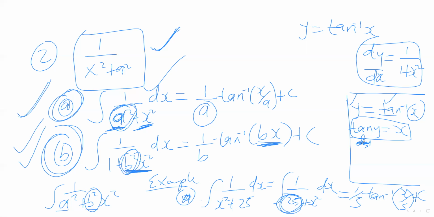If it's in the second form, you're making sure that here there's no a squared. Let me demonstrate that. Maybe I would write it as an example, where let's say we have 1 over 9 plus 16 x squared.